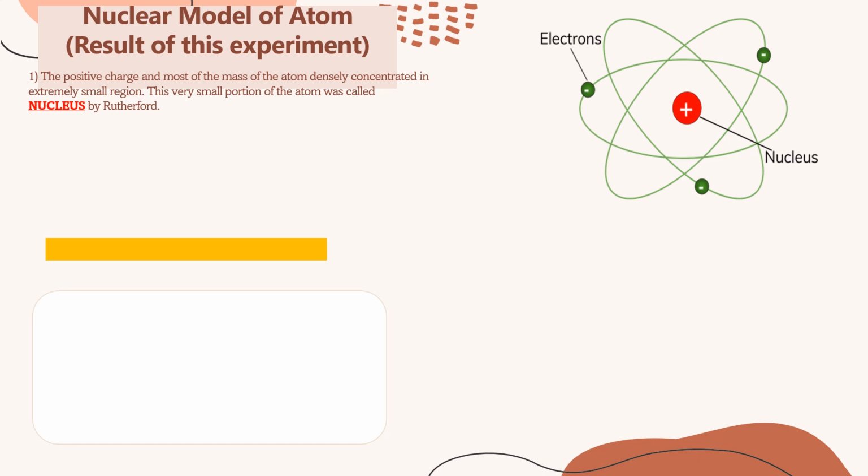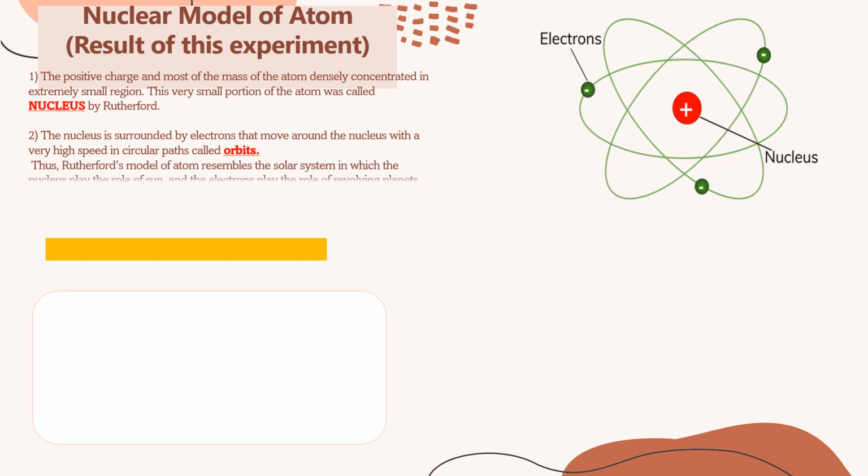The nucleus is surrounded by electrons that move around the nucleus with a very high speed in circular paths called orbits. Thus, Rutherford's model of atom resembles the solar system in which the nucleus plays the role of sun and the electrons play the role of revolving planets. Third, electrons and the nucleus are held together by electrostatic force of attraction.